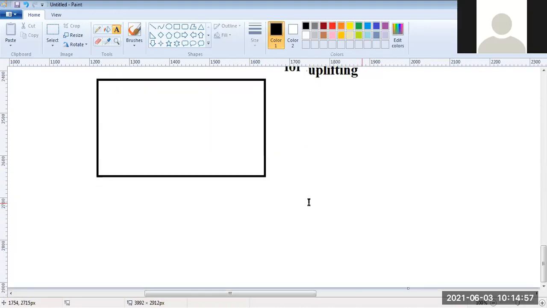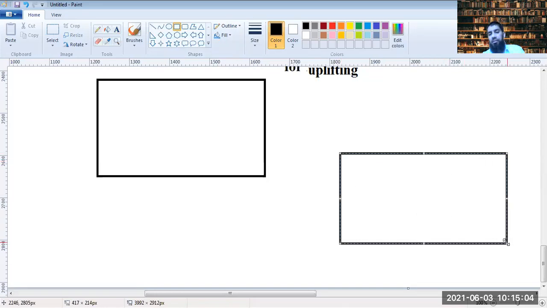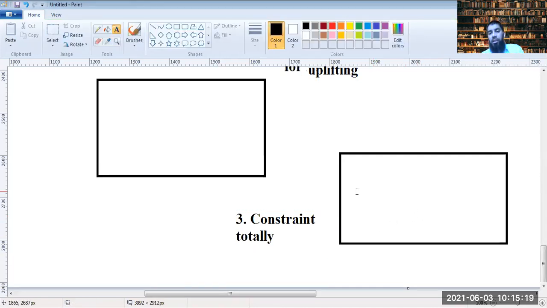And then the third case, which I just discussed, is when it's totally restrained, constrained against uplifting as well as rotation. In that case, what is happening to the slab?